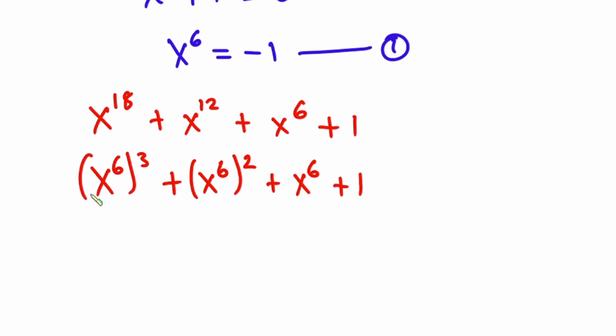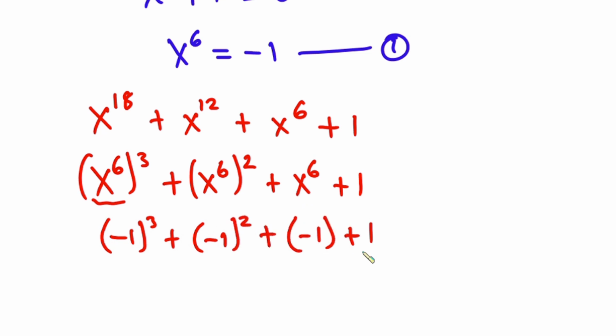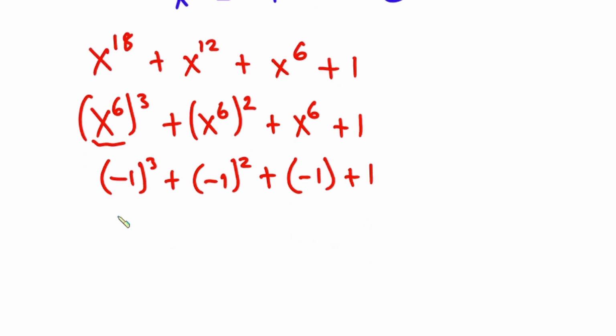Now we know that x to the power 6 is equal to negative 1, right? So in place of this, we're going to put negative 1. So we're going to have negative 1 to the power 3 plus, here is also going to be negative 1 to the power 2 plus, this is also negative 1 plus 1, right? So we have negative 1 plus positive 1 minus 1 plus 1, and this is equal to 0.